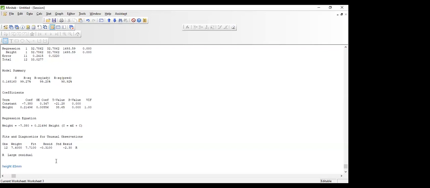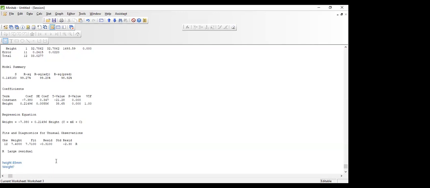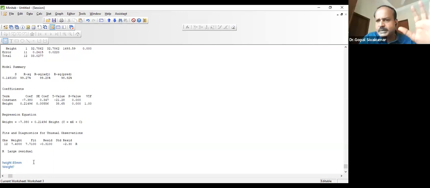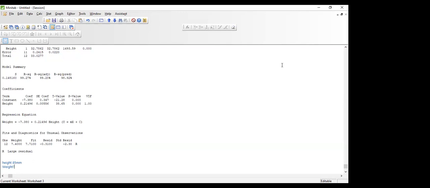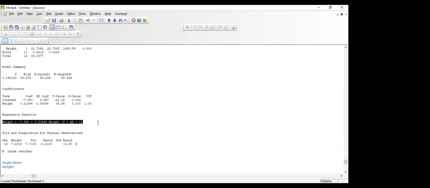What will be the weight? If the baby's height is 85 millimeter inside, what will be the weight of the baby? This question will be answered by your regression equation. The equation is available here. You can substitute here so that you will be able to understand the weight of the baby in grams.